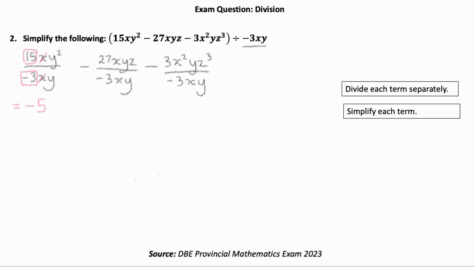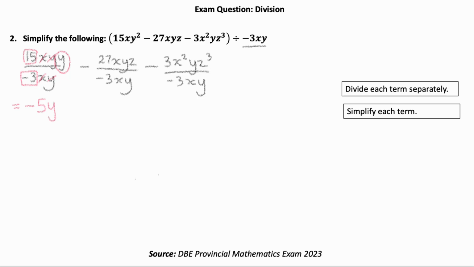Now, y squared is the same as y times y. So, this y and this y will cancel out. We have one y left. So, the term simplifies to negative 5y.